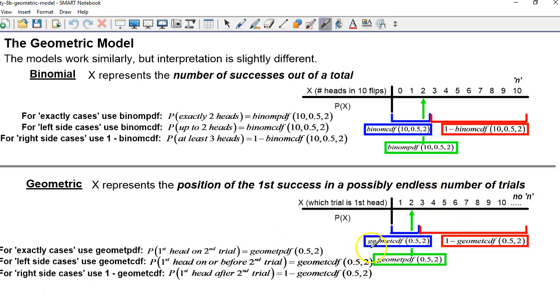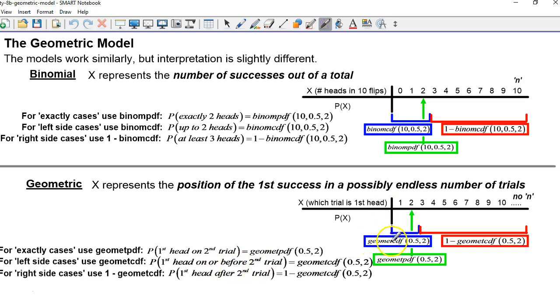And we have a geometric PDF function that gives us the probability of the first success occurring exactly at, say, 2, right? The first head occurring on the second flip of the coin. And there is a left-hand side geometric CDF, which would be interpreted, let's say, with coin flips, as the probability that the first head occurs on or before the second trial.